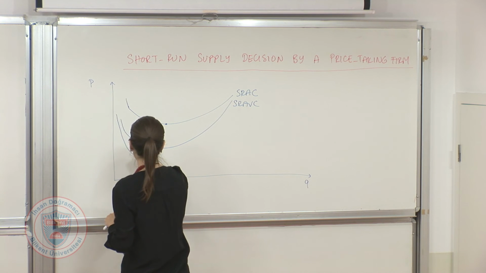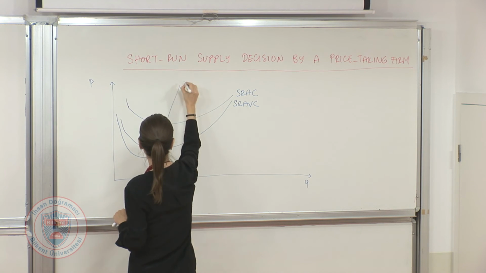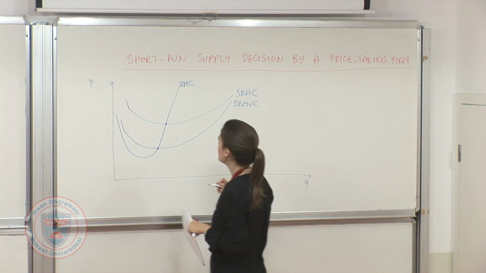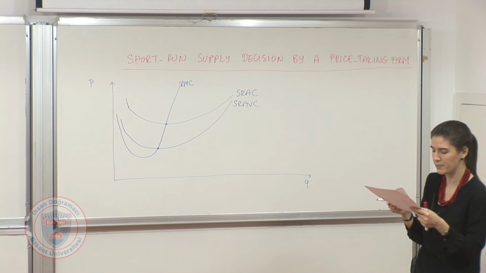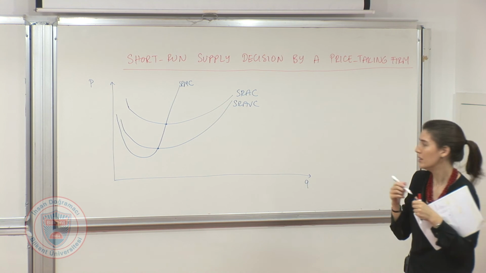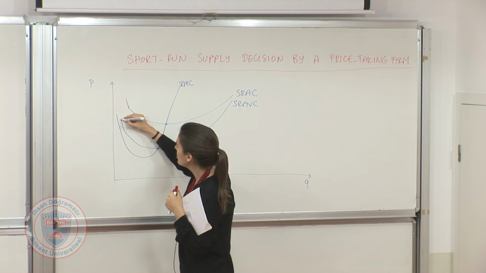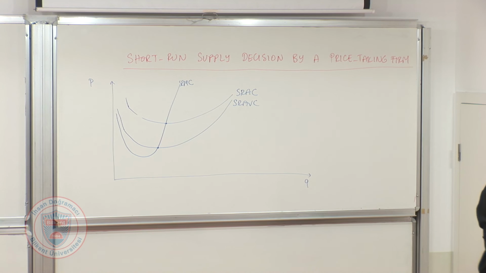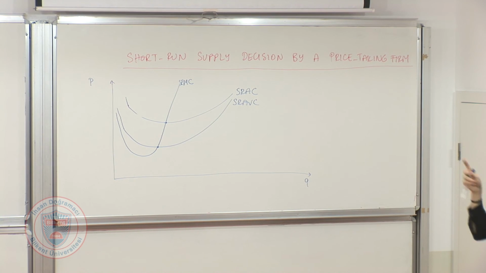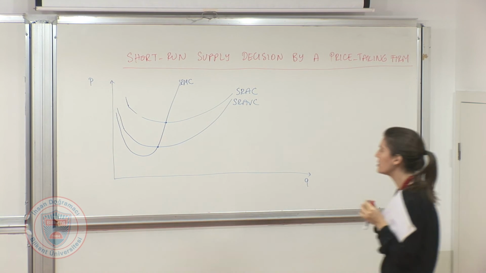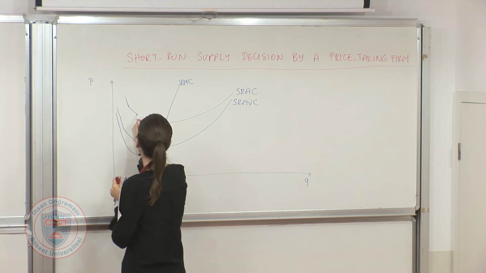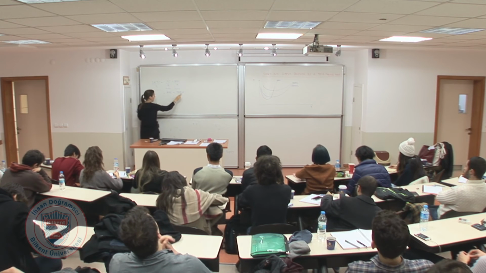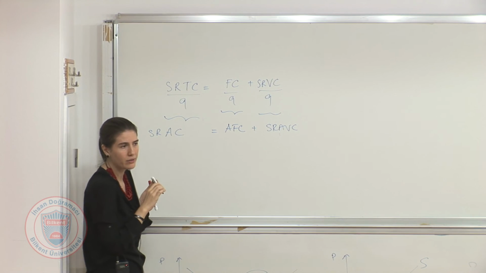So suppose this is the marginal cost, okay? This is the short run marginal cost. It goes through the minimums. We know that marginal cost passes through the minimum of the averages, right? So it's going to pass through the minimum of this one and the minimum of this one.